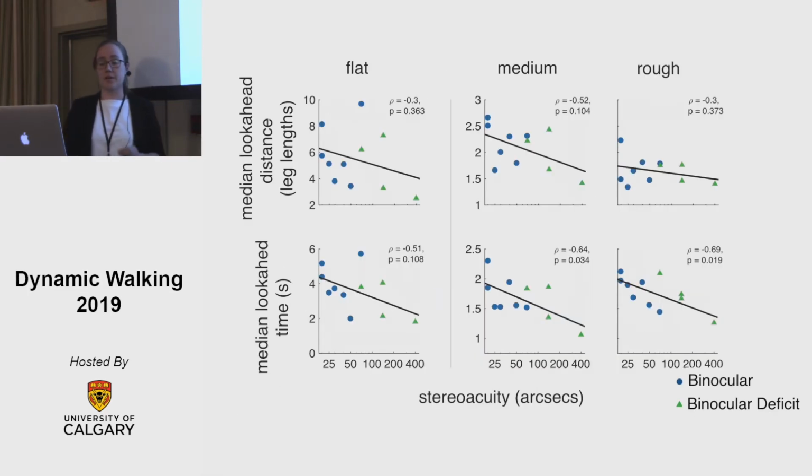And in fact, if we take stereo acuity, which is a simple measure of binocular depth perception, binocular depth perception is actually an ability which does vary in the general population, even what we would consider to be corrected to normal vision. And if we plot the median look-ahead distances and the median look-ahead times against that stereo acuity for all of our observers in their normal viewing conditions, we actually see a relationship between binocular function and gaze allocation during walking.